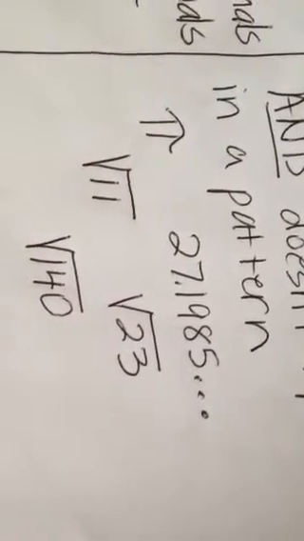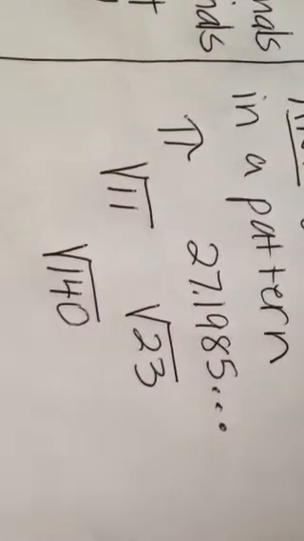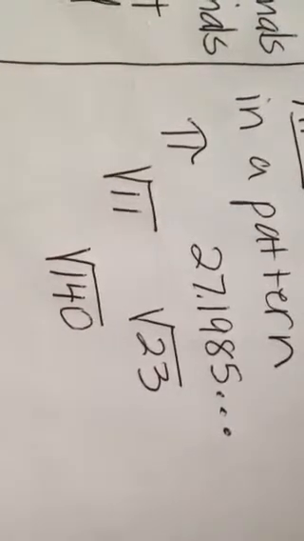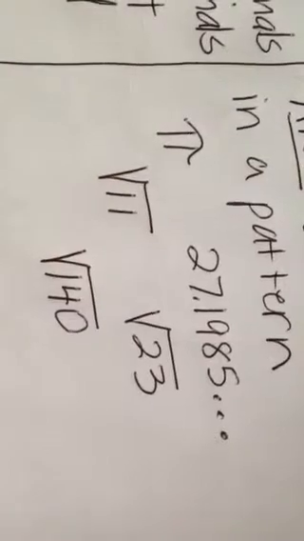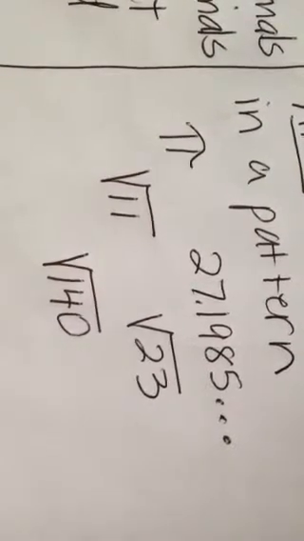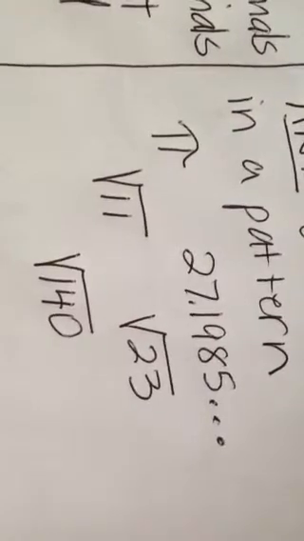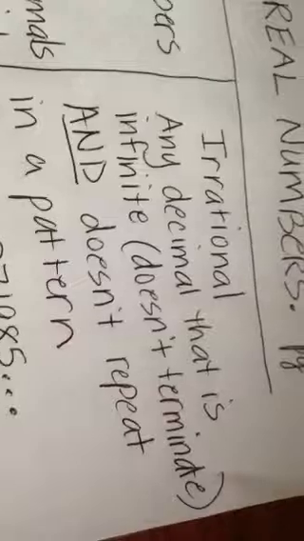The square root of 11 is irrational because the square root of any number that's not a square number will give you a non-repeating, non-terminating decimal, and therefore it is irrational. So all three of these square roots would be irrational because 11 is not a perfect square, 23 is not a perfect square, and 140 is not a perfect square. Again, the sub can back up and pause to make sure you get all of this written down.